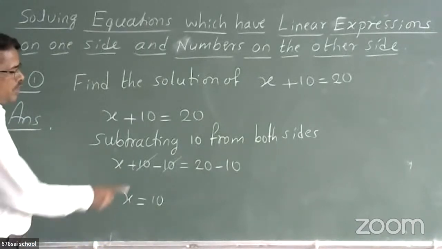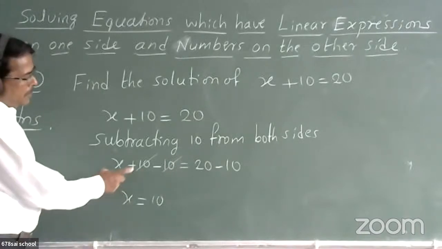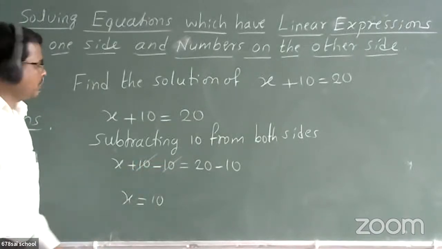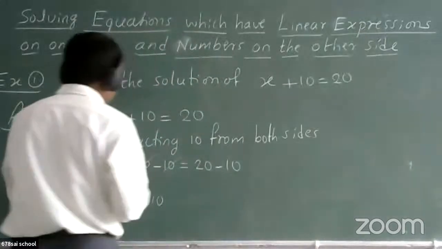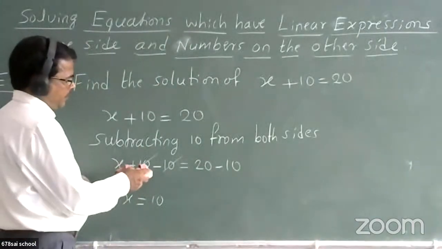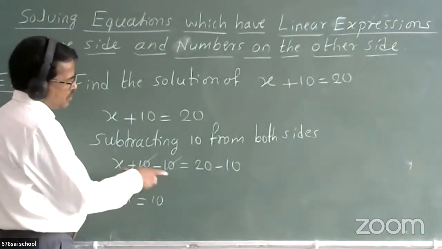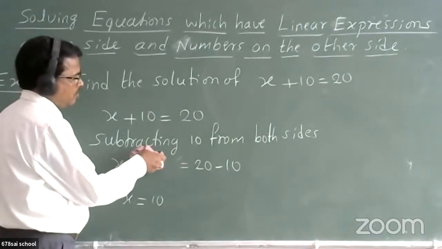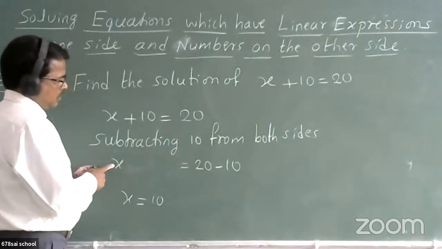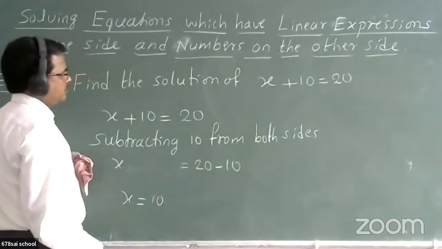Now you see this step, all of you. Plus 10 and minus 10 is 0. So I'll remove this. What happened now? x equal to 20 minus 10.